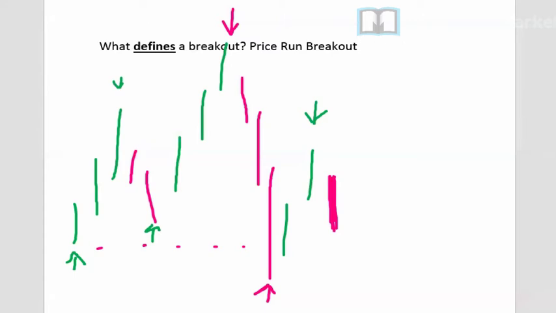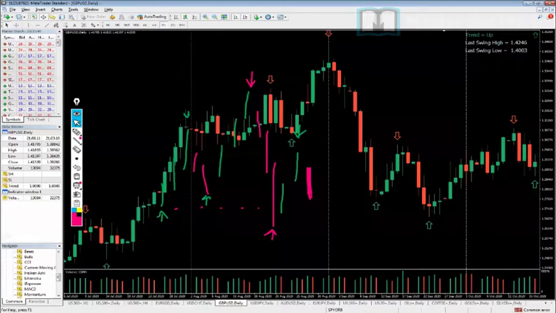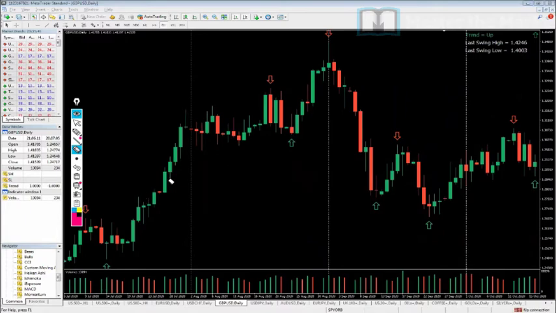So let's take a look, actually. Don't take my word for it. Let's take a look at this happening in the market. So this is on the daily chart of GBP USD going back to last August. So as you can see, we have a top to bottom move.